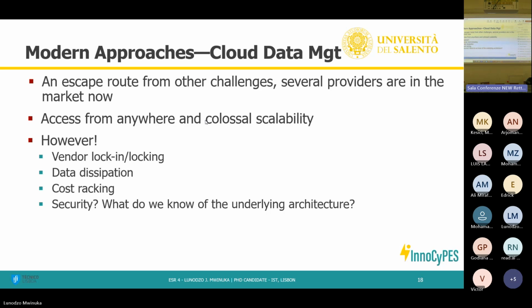When you feel like this provider is not giving you enough, switching to a different provider cannot be practical, because you have to consider all this amount of data, modeling again the new architecture in a new provider. So most people just choose, yeah, we can just tolerate it. Also, cost is one of the biggest challenges, because the cost goes high as you store more data, and we have already seen that we are still generating a lot of data.